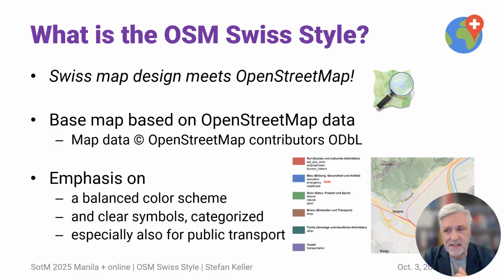What is the OSM Swiss style? It's like Swiss map design which meets OpenStreetMap. So we are looking for a base map based on OpenStreetMap data and with emphasis on a balanced color scheme with clear symbols, with clear categorization, and especially also with the emphasis on balanced public transport versus private transport.